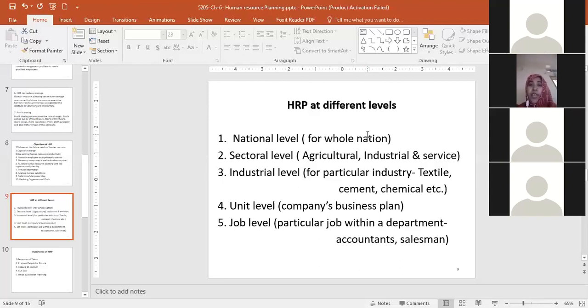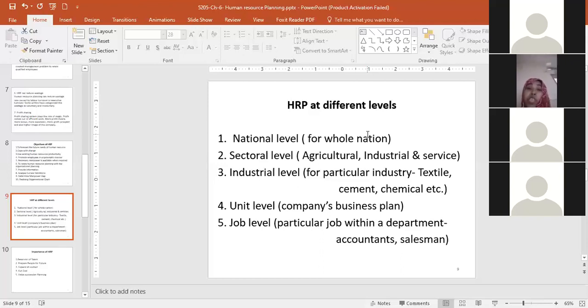So when the human resource plan is used sector-wise, it is called sectoral level. In the case of industrial level, for a particular industry like textile, cement, chemical, ceramic, when the human resource planning is related to a particular industry, we call it industrial level human resource planning.